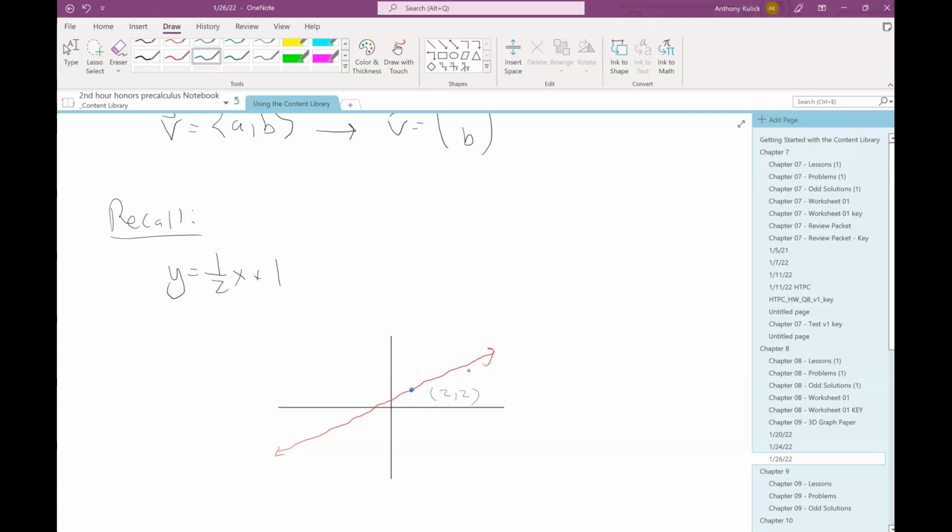And what I'm going to do then is find a vector that has (2, 2) as the initial point of the vector, and is in the same direction as our line.